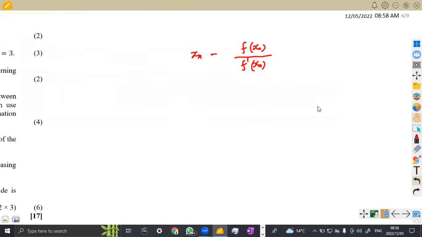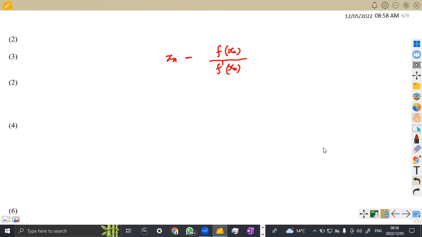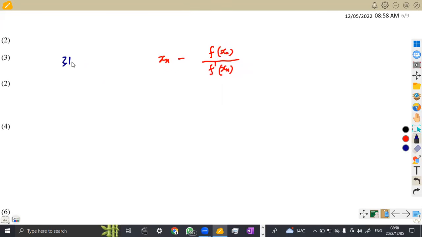So here, as you can see on our formula, there is a need for us to find the first derivative, because f of x is already there. Our f of x does not change. It's still x to the exponent of 3 minus x squared plus x minus 10. So we need to find the first derivative.